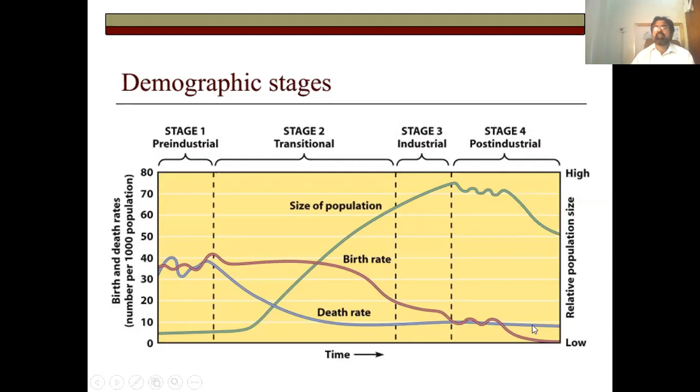Few countries have entered this stage, for example Japan, where fewer people are born and more people die, because of their increased life expectancy, improved medical facilities, improved pharmaceutical industries, development of vaccination, and also improvement in the diet, and all the factors.